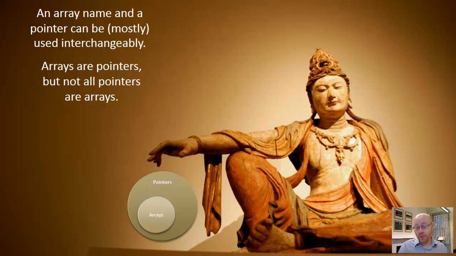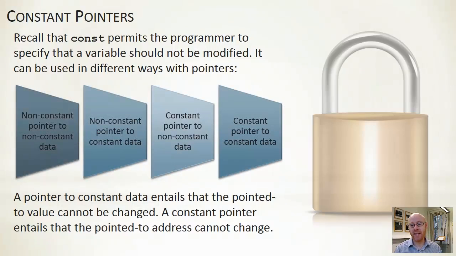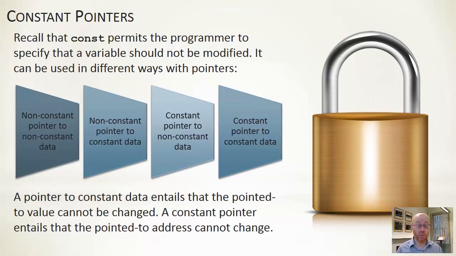The const keyword also ties into pointers as well. Const is a way of us as programmers indicating that something can't be changed, and there are 3 different types of application of const. Your default pointer is a non-constant pointer to non-constant data.